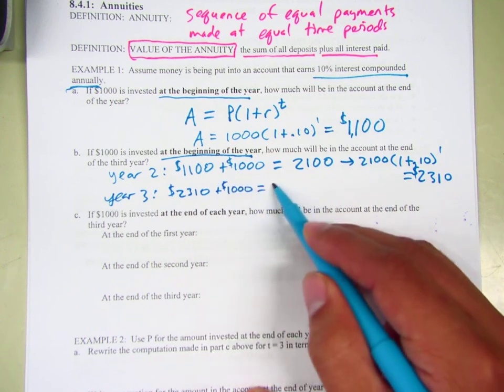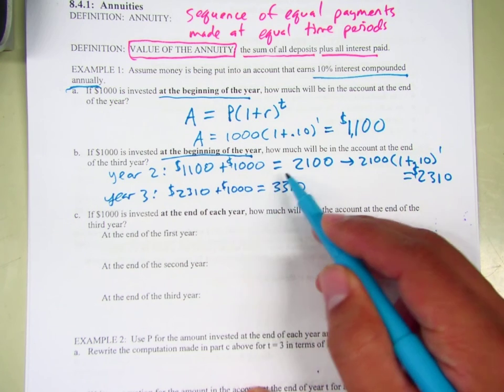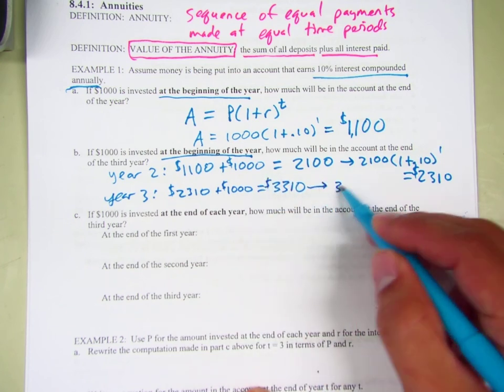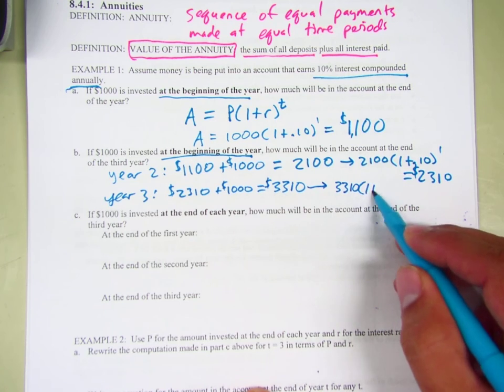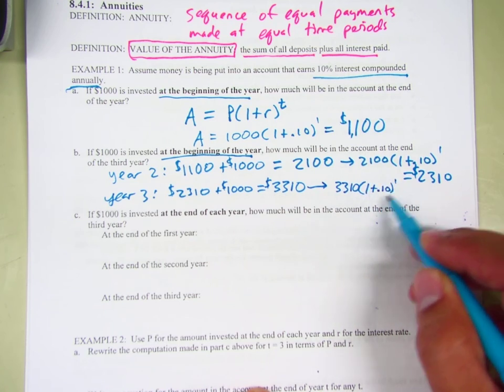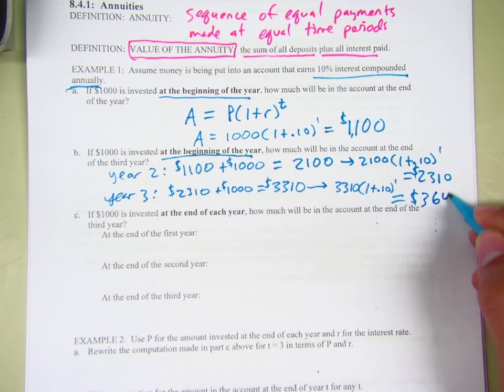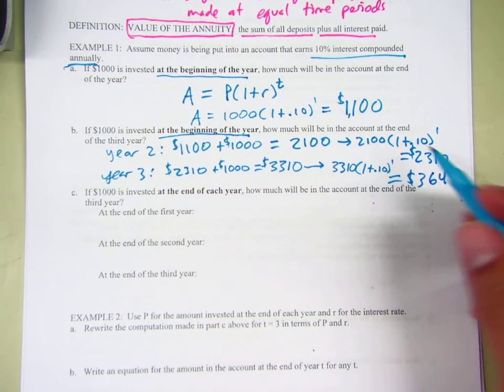So now I have $3,310. And now that gets interest just like the previous amount at 10%. And so now what is my grand total after 3 years? $3,641. Okay. So that's just kind of how it works.